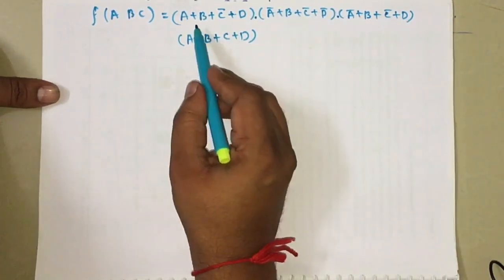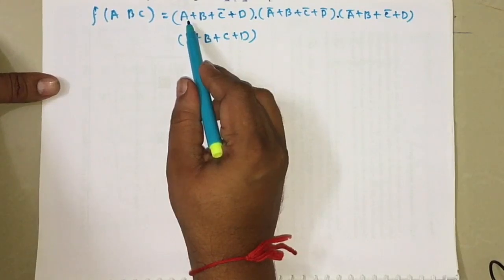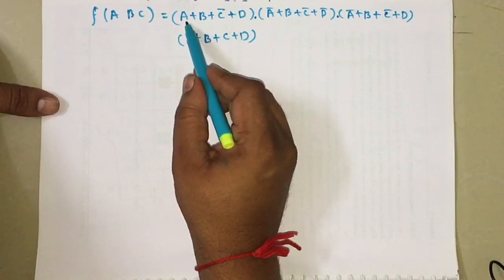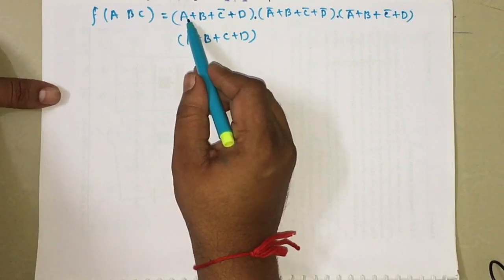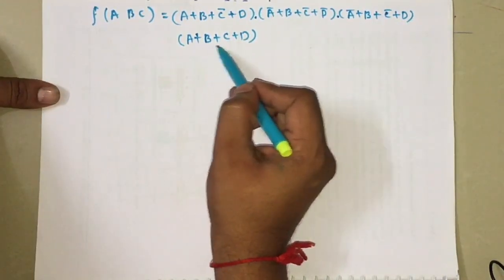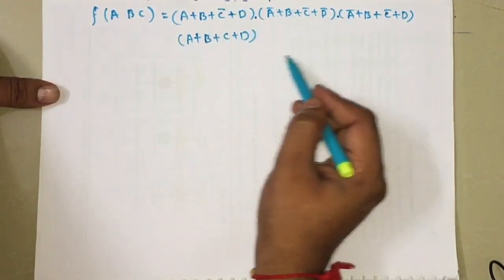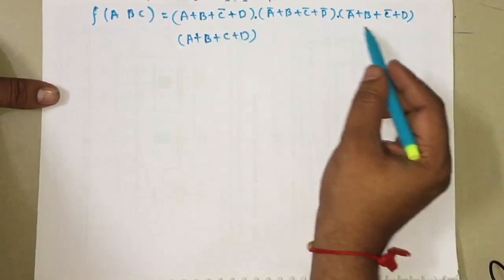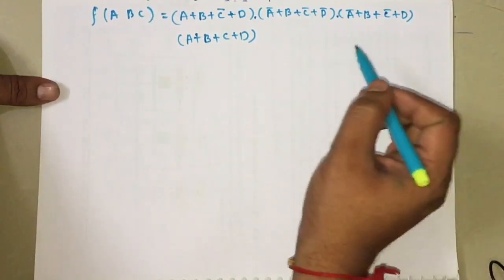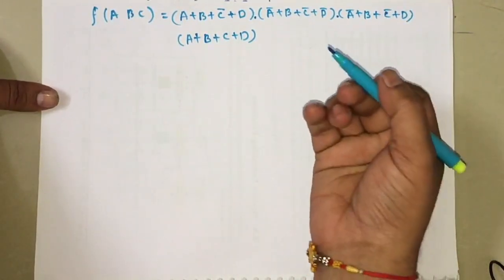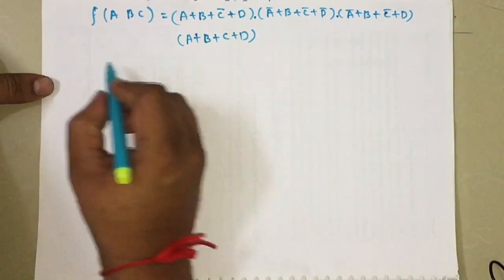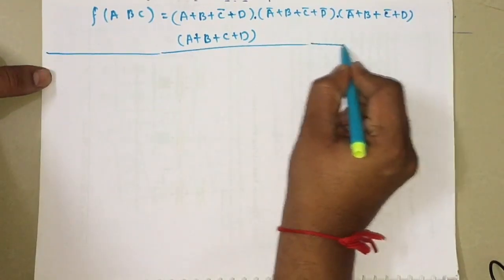All the sum terms contain all literals, so we say that it is a standard POS form. The first sum term has 4 literals, here also 4 literals, and the last sum term also has 4 literals. So all the sum terms consist of all literals in complemented or uncomplemented form. So it is possible to simplify the equation using the K-map.